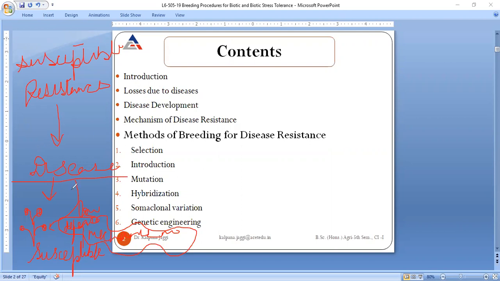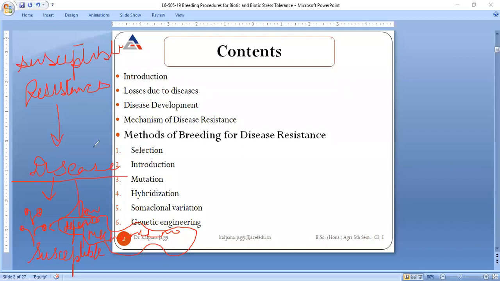When we talk about breeding, our prior objective is to have a higher yield. But if the plants are again and again affected by diseases, then the objective of obtaining plants with a higher yield is not an easy task.